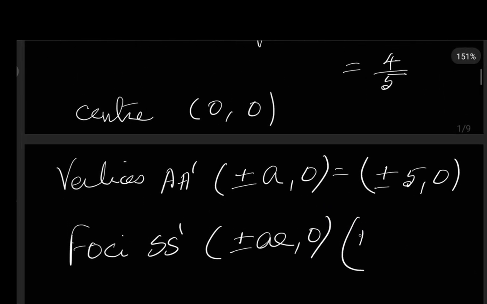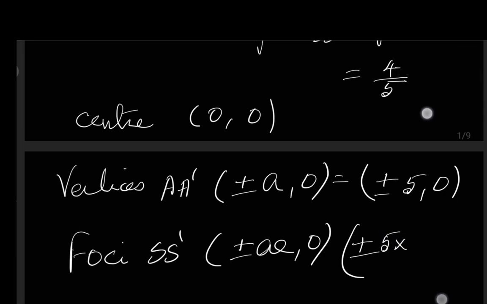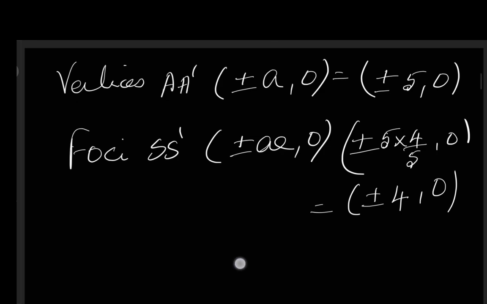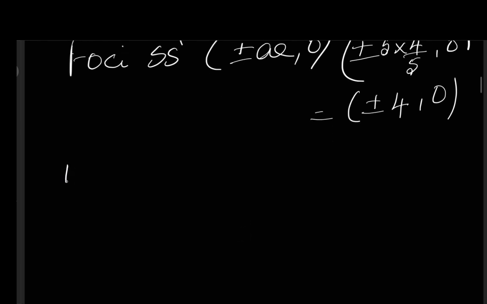So plus or minus, what is A? 5 and E is here 4 by 5. 4 by 5 comma 0. That is 5 cancel, plus or minus 4 comma 0. This is your foci. And next is directrices.